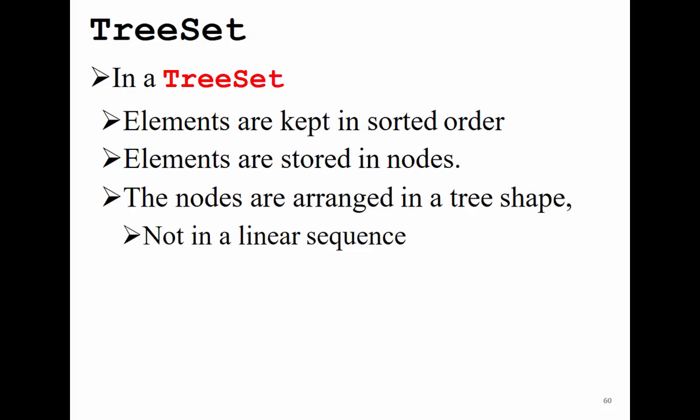The nodes are arranged in a tree shape, not in a linear sequence. So I cannot guarantee the first element I add will be the first element in the TreeSet. But I can guarantee they are somehow sorted based on some sorting mechanism.